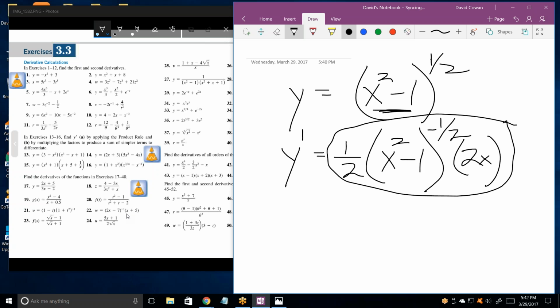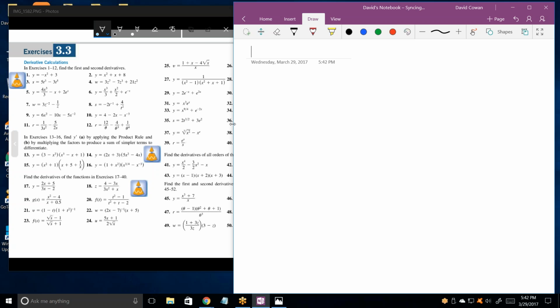So once you've learned the chain rule, you're done with the rules. That means you can differentiate any function. So chain rule is pretty big, but I don't really want to get ahead of things.